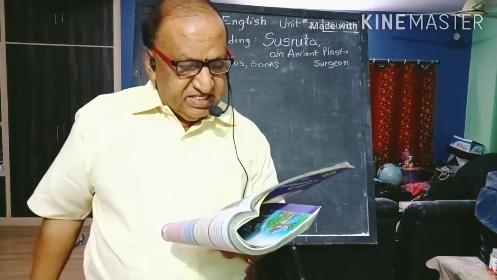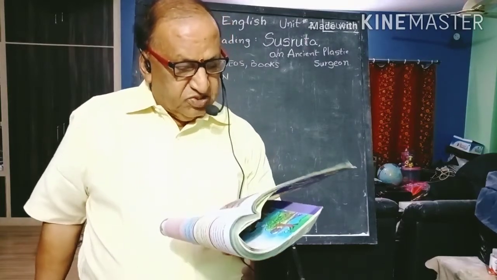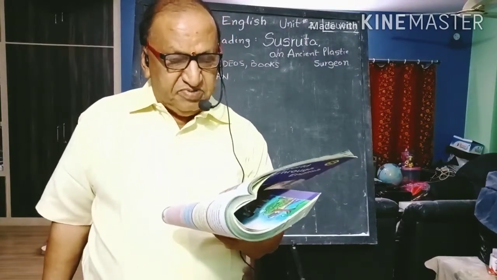Now, in his treatise, Susruta lists 101 types of instruments.